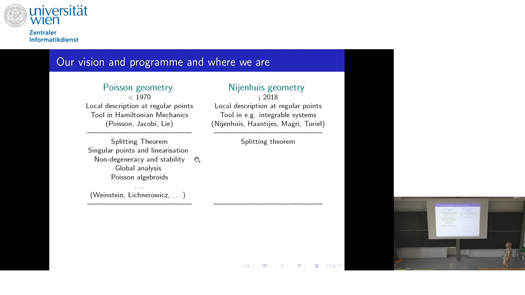In Nijenhuis geometry, it was started slightly later. The splitting theorem is the one I discussed in my talk. For singular points, we have some examples, and we do have many more results than we managed to present. Non-Euclidean stability is completely understood in the two-dimensional case. In higher dimension, it is work in progress.